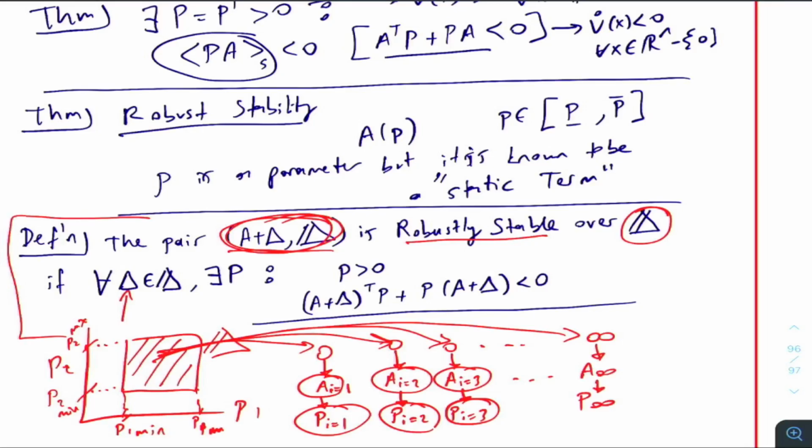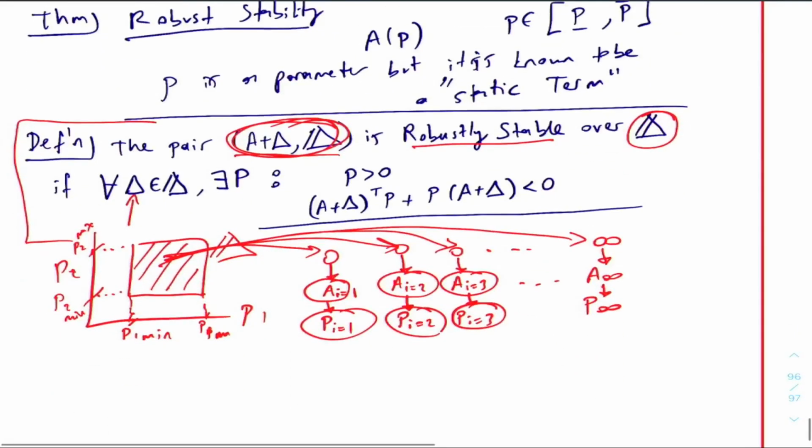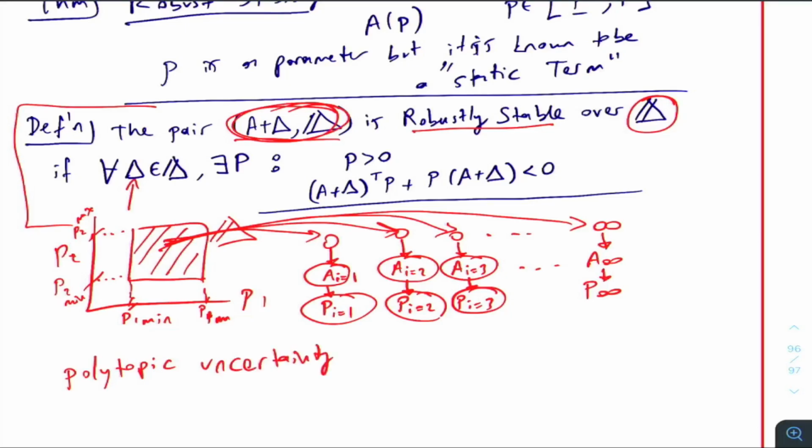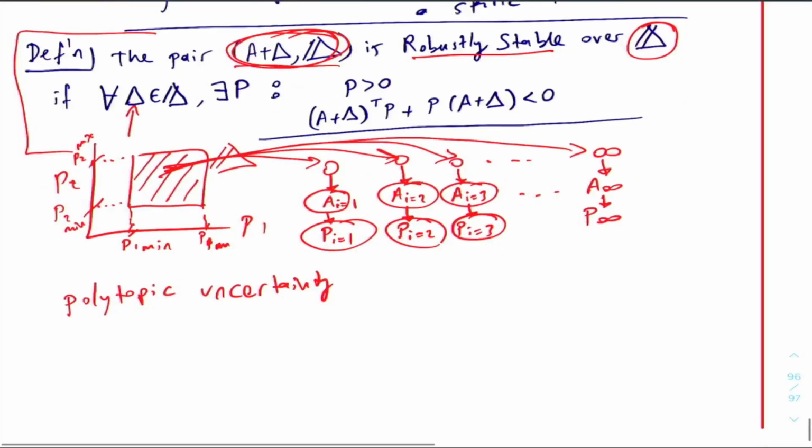However, normally you will do that, or you would have to do that. However, since you have a polytopic parameter space, or I'm going to call it uncertainty, okay, since you have some polytopic uncertainty, what does it mean?